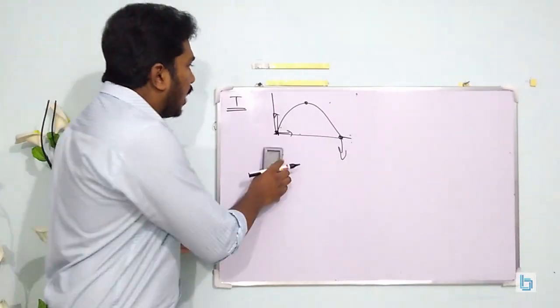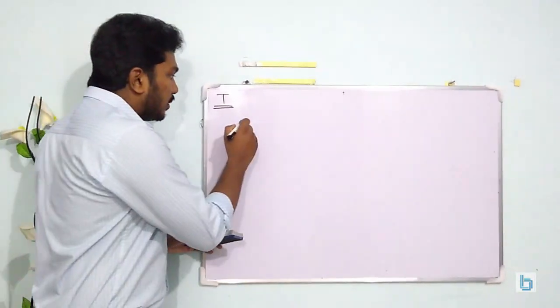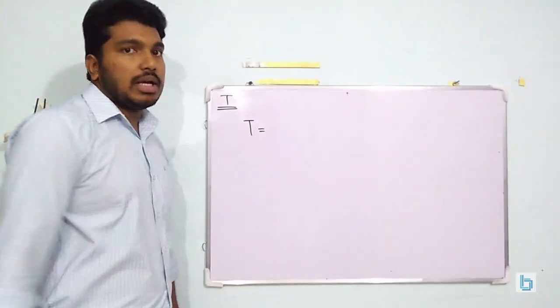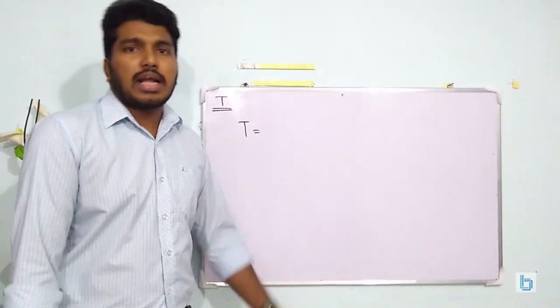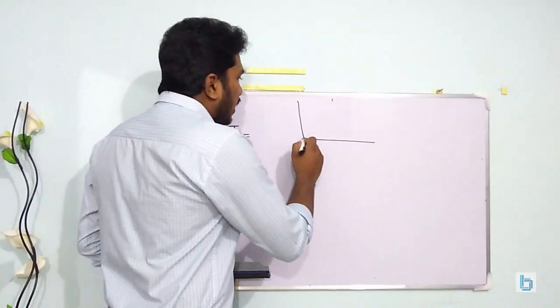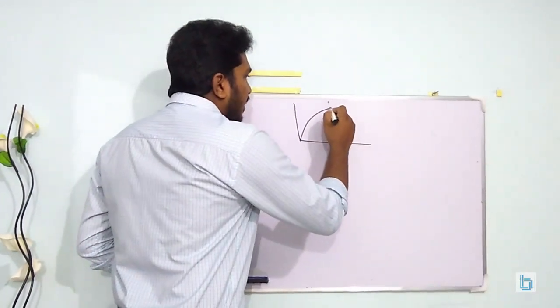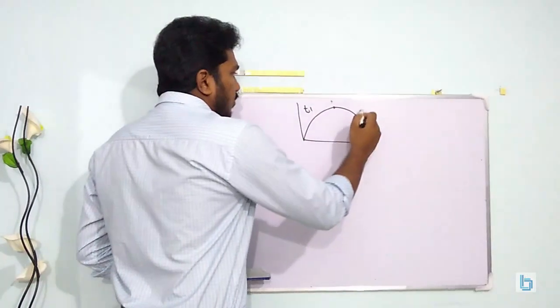When talking about time of flight, one thing to remember is the basic general equation for time of flight. We can derive the equation using our basic equation v is equal to u plus at. In one dimensional motion, the time taken to reach the maximum height and the time taken from the maximum height to reach the ground will be equal.